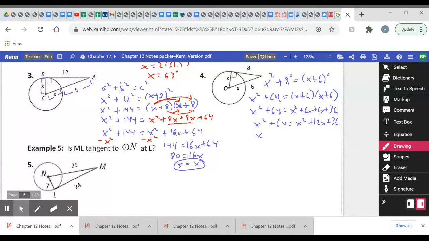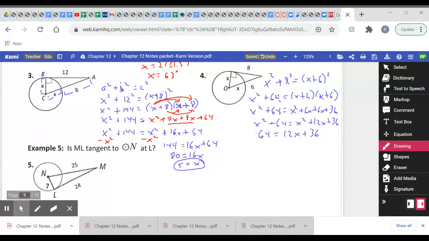So in this particular case, I could go ahead and subtract my x squared from both sides. So once I do that, I'm left with 64 is equal to 12x plus 36.